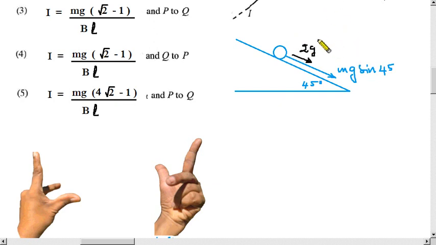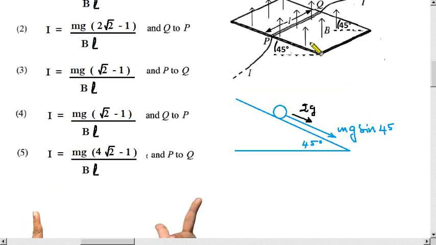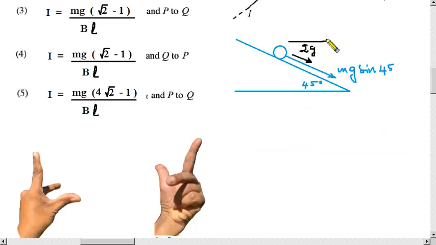So that force we are going to take from the magnetic force, that is BIL. From BIL we are going to take that force. So to fulfill that condition, we need a force this way.